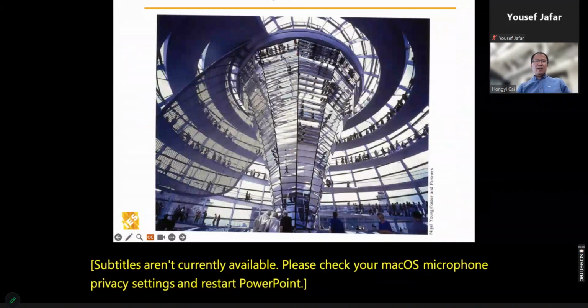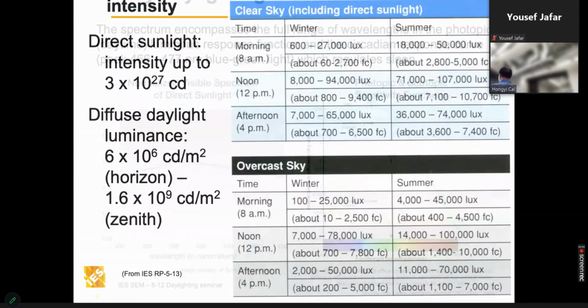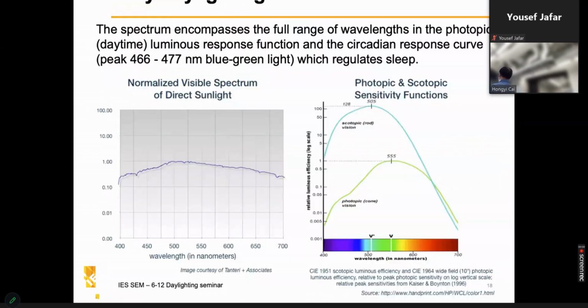The first one is that LED is a full dynamic range light source, which is the best of the best. All the artificial light sources are limited compared to the daylight spectrum. So compared to daylight, artificial lighting is not that good. Okay, and then you can reduce the energy consumption.